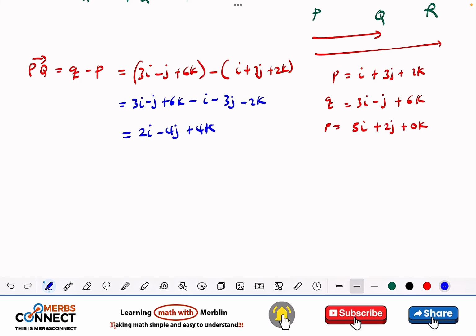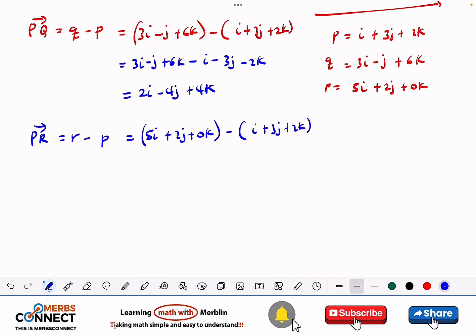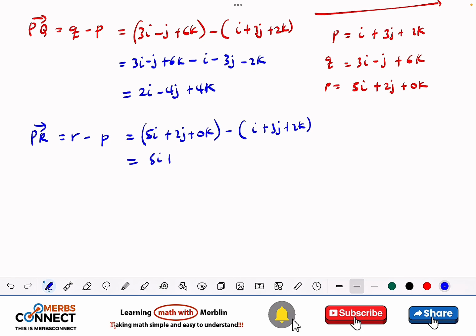So we need to find the last one, which is PR, which is small r minus small p. R is 5i plus 2j plus 0k minus p, i plus 3j plus 2k. Simplify that: 5i plus 2j plus 0k minus i minus 3j minus 2k.